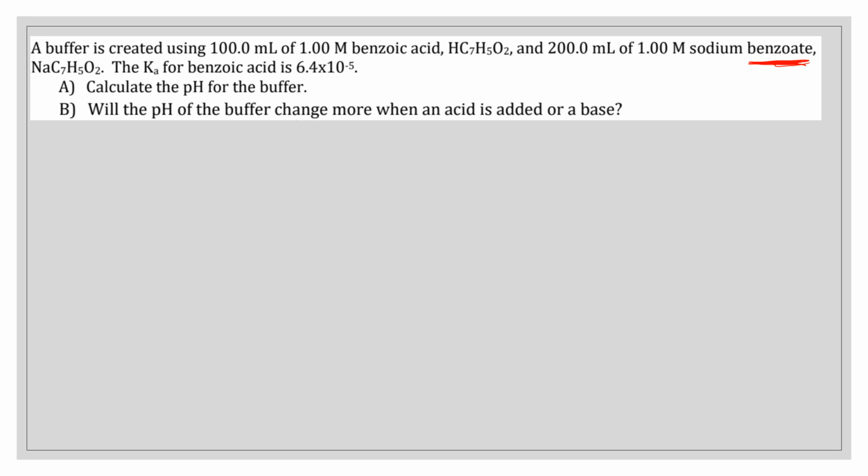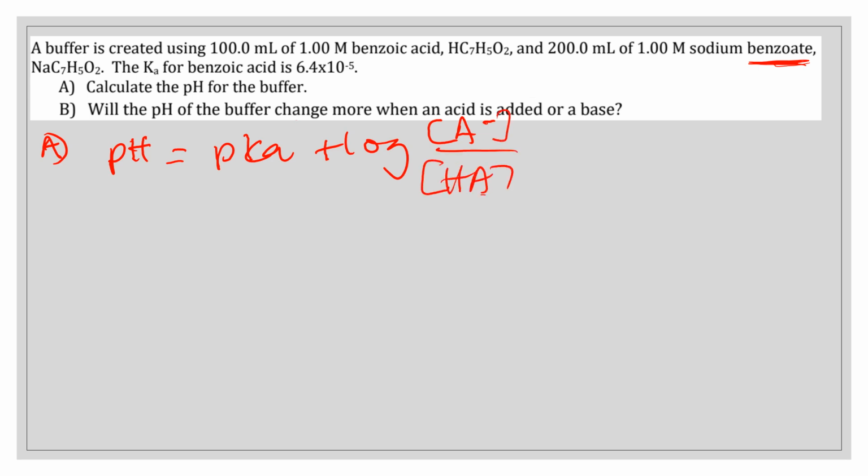So remember, this is part A. Calculate the pH. So pH equals pKa plus log of the conjugate base over the conjugate acid.